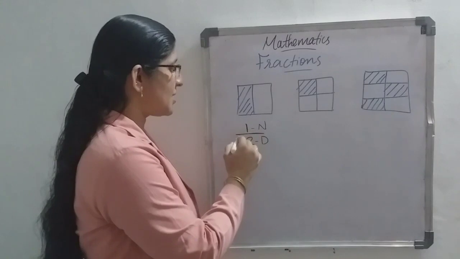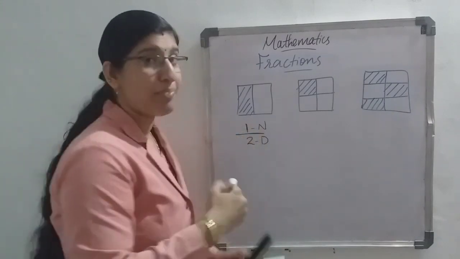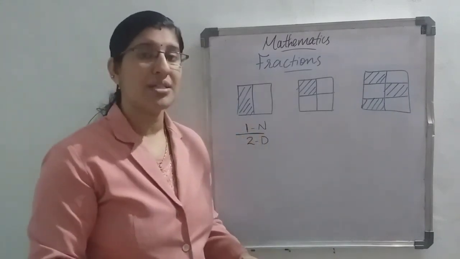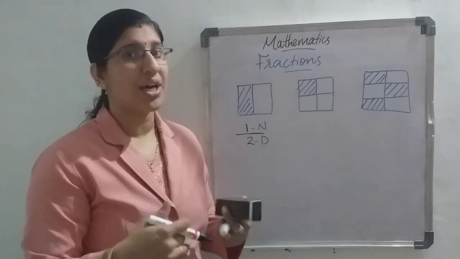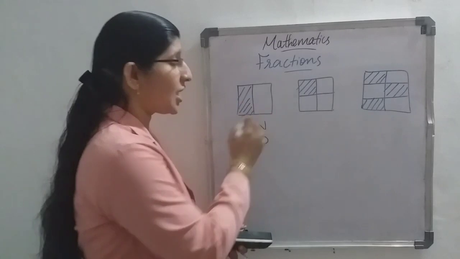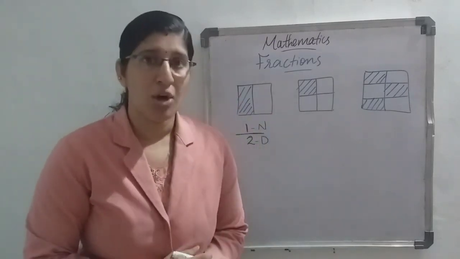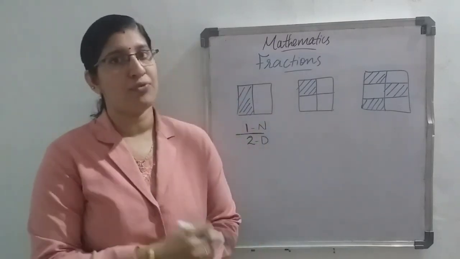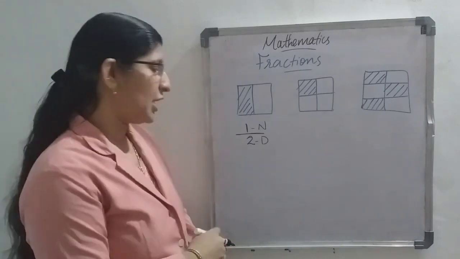The numerator means the part: how many parts we are taking out of the total number, that we write in the numerator. And the denominator means the total number of equal parts.